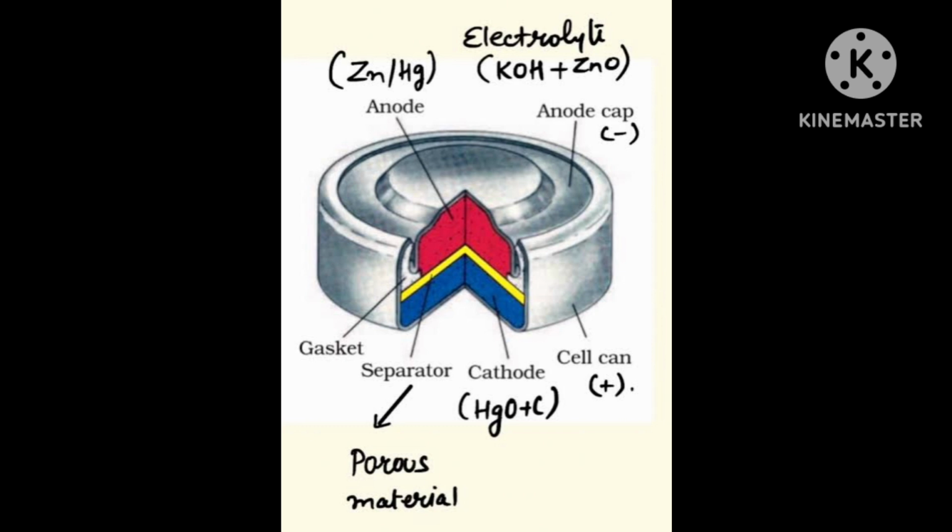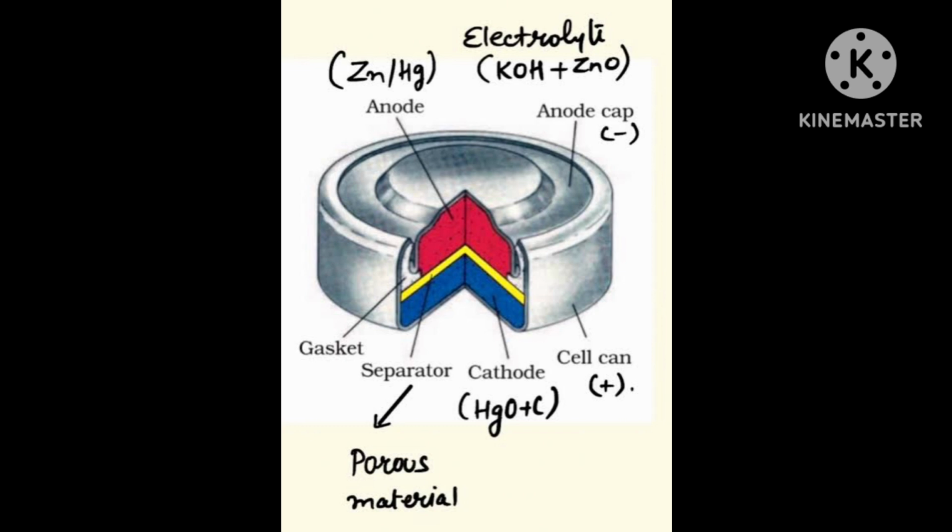Now I told you the reaction at the anode, the reaction at the cathode, and what will be the overall reaction. For the overall reaction, just add both. You have seen that at the anode OH ions were on the left side, and at the cathode OH is produced on the right side. Both 2 OH will be cancelled out, and the 2 electrons will also be cancelled out. Then what will remain?